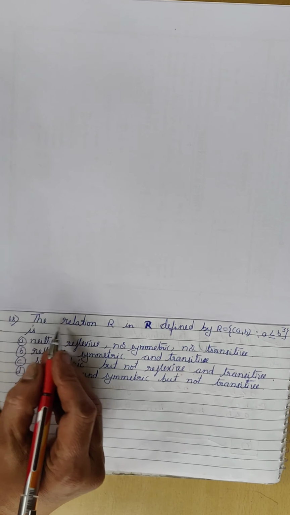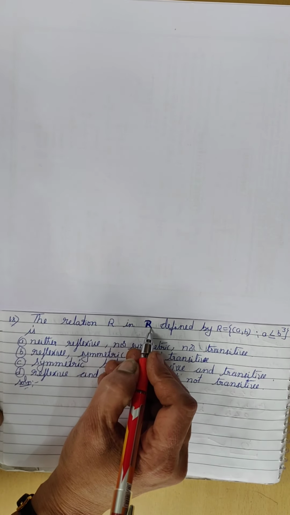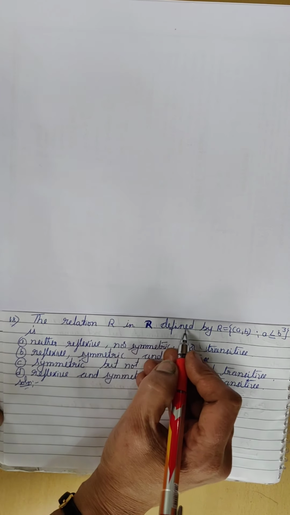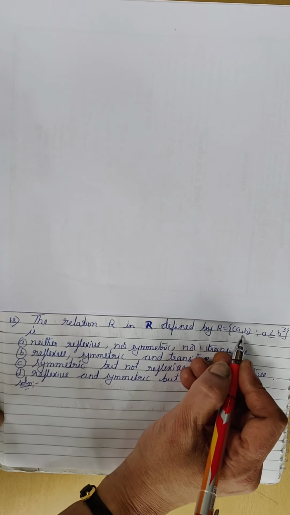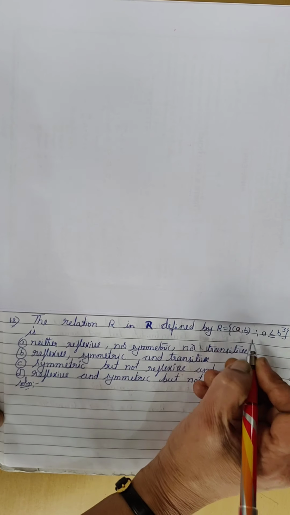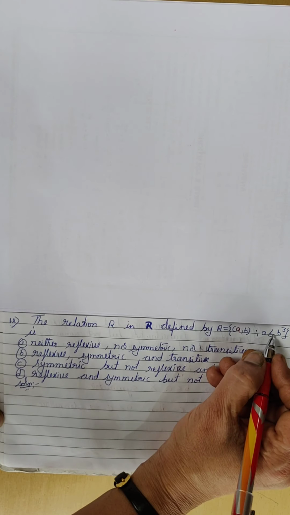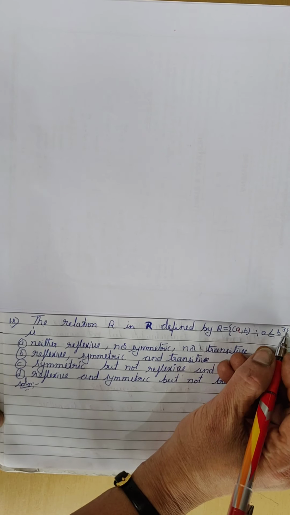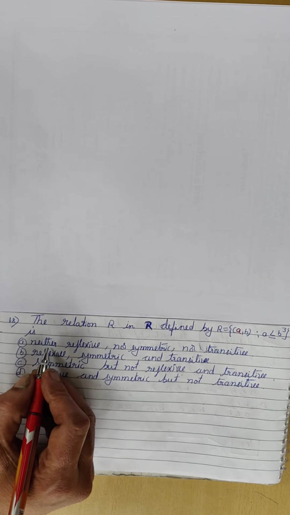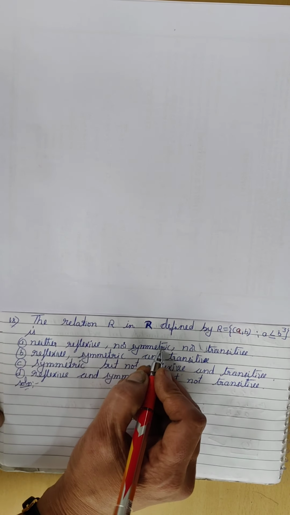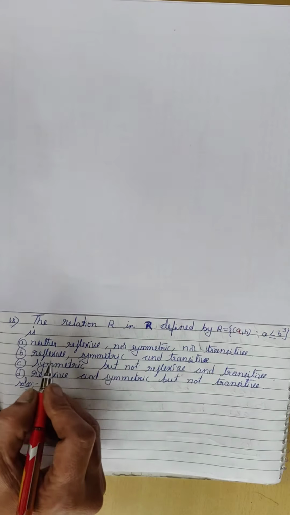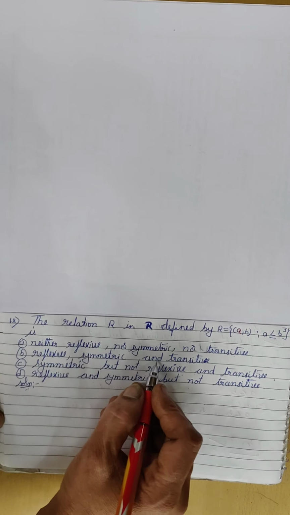Eighteenth one: the relation R in the real numbers is defined by R equals (A, B) such that A is less than or equal to B cube. Option A, neither reflexive nor symmetric nor transitive. Option B, reflexive, symmetric and transitive.